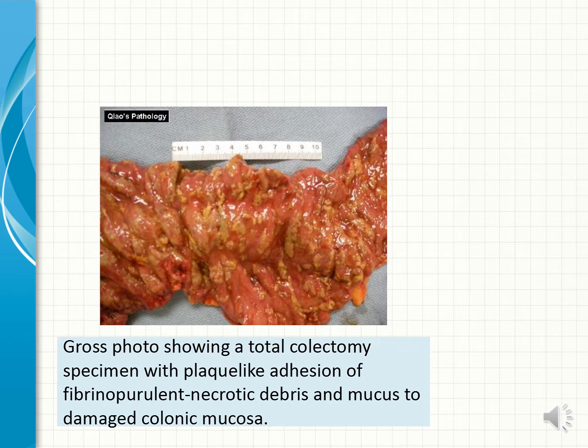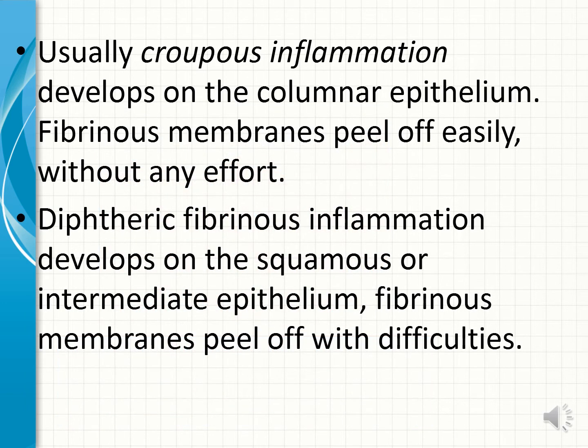Here you see the gross photo showing a total colectomy specimen with plaque-like adhesion of fibrinopurulent necrotic debris and mucus to damaged colonic mucosa. Usually Krupp's inflammation, as you know now, is a subtype of fibrinous inflammation.